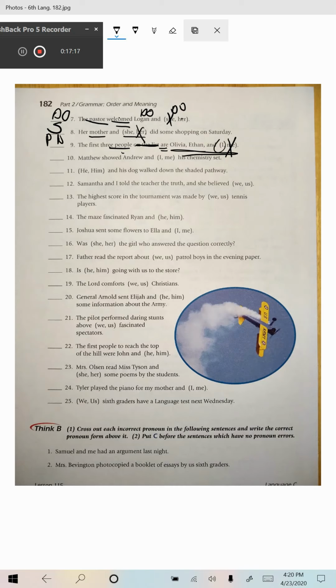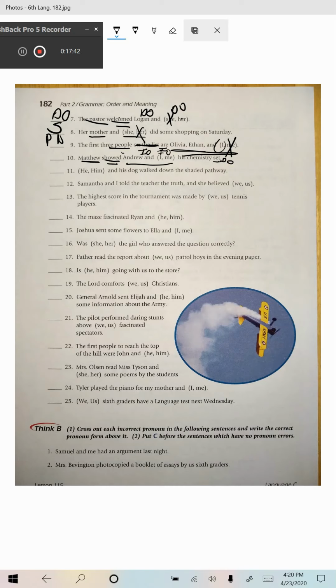Matthew showed Andrew and I or me his chemistry set. So Matthew showed the chemistry set. He showed the set. The set is actually the direct object here. You don't have to label all this. But he showed it to Andrew and I. So Andrew and I, or Andrew and me, are both the indirect objects.